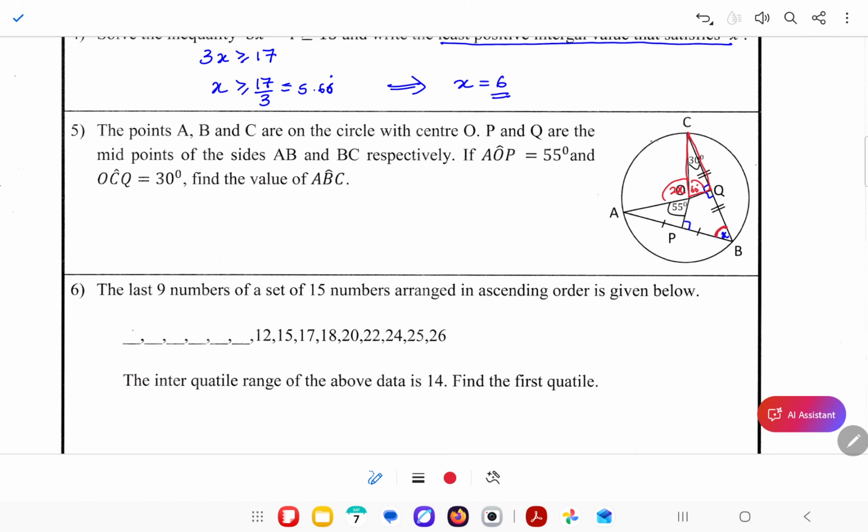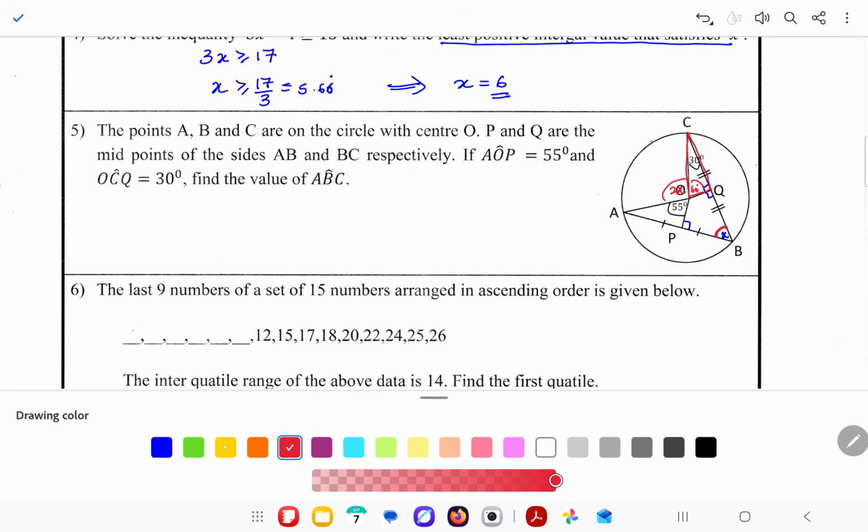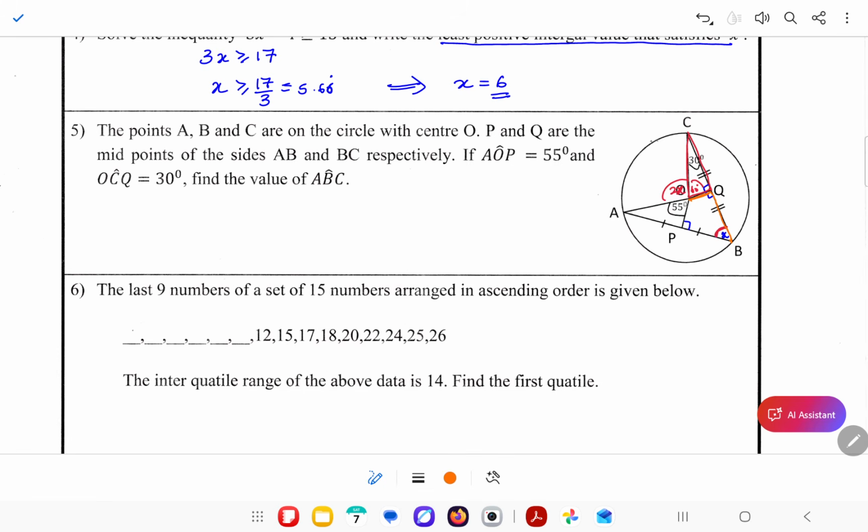This is 90, 30, so that has to be 60. Then let's look at quadrilateral PBQO. These two are 90, this is x, then this has to be 180 minus x.